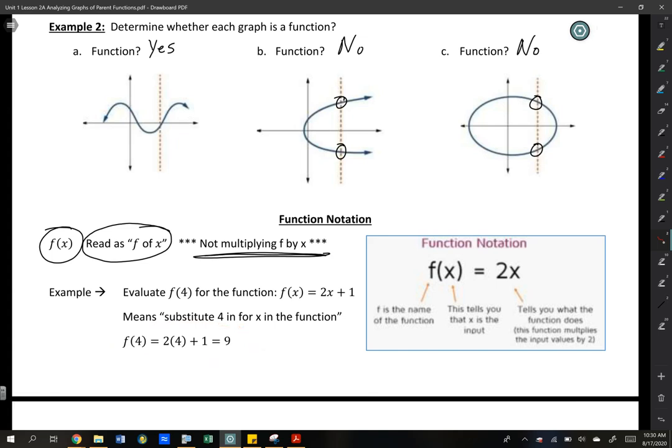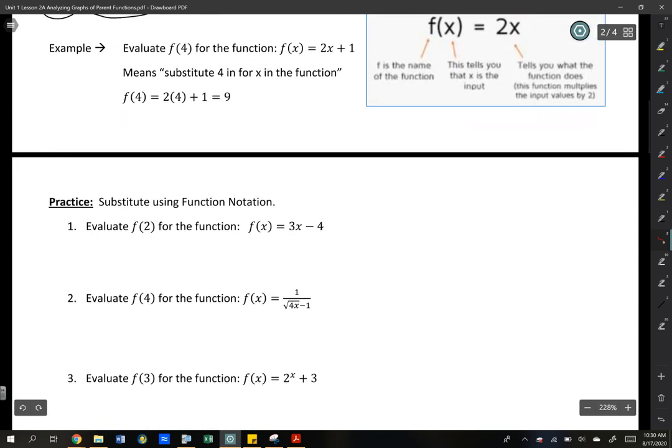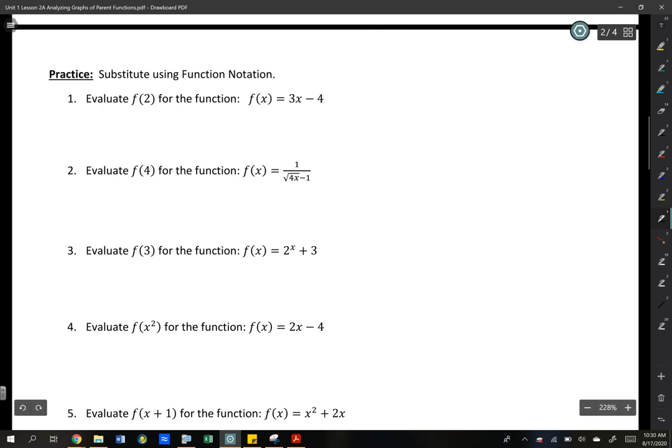All right, so far so good, hopefully. We're going to do a little practice. Evaluate f of 2 for the given function. So we're going to replace wherever you see x in the function with a 2.